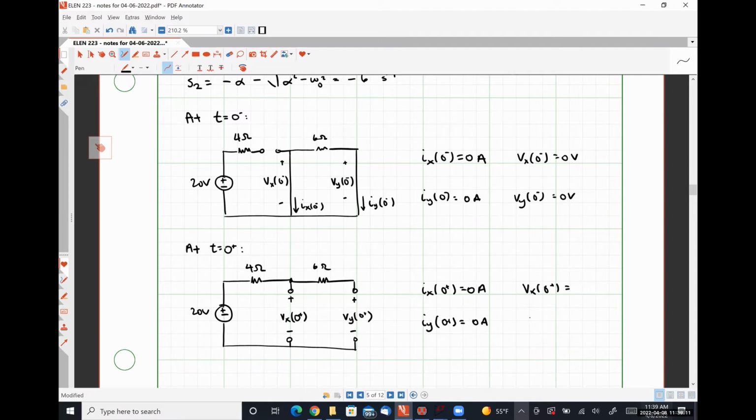We need to figure out what Vx at 0 plus is and Vy at 0 plus. Any thoughts? Right, so both Vx and Vy are 20 volts. Absolutely correct.